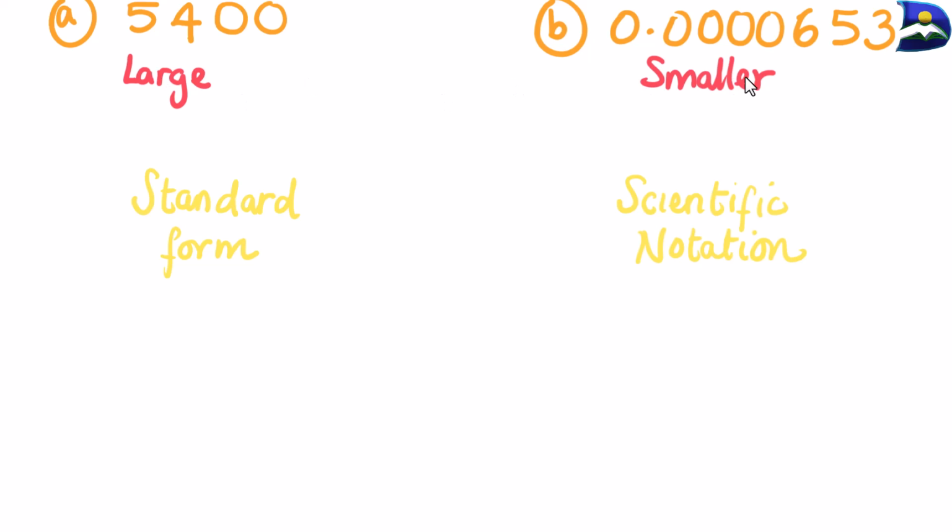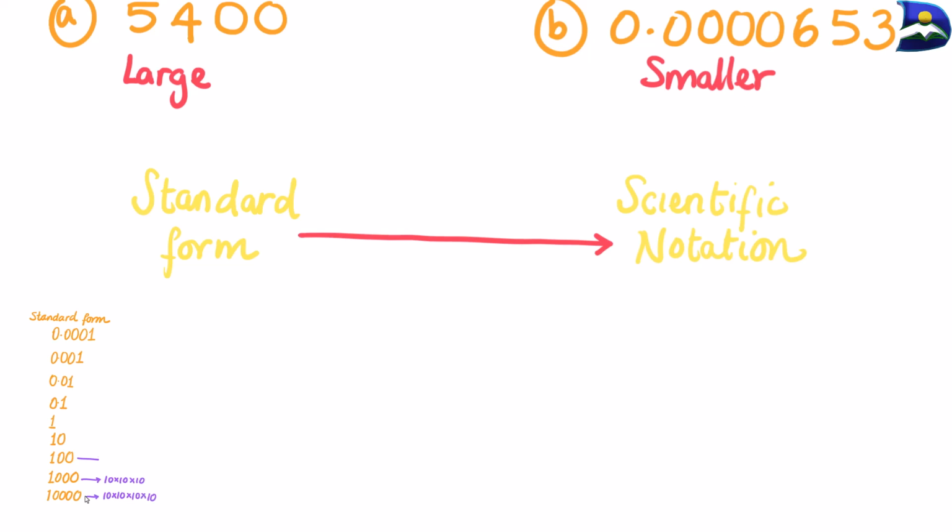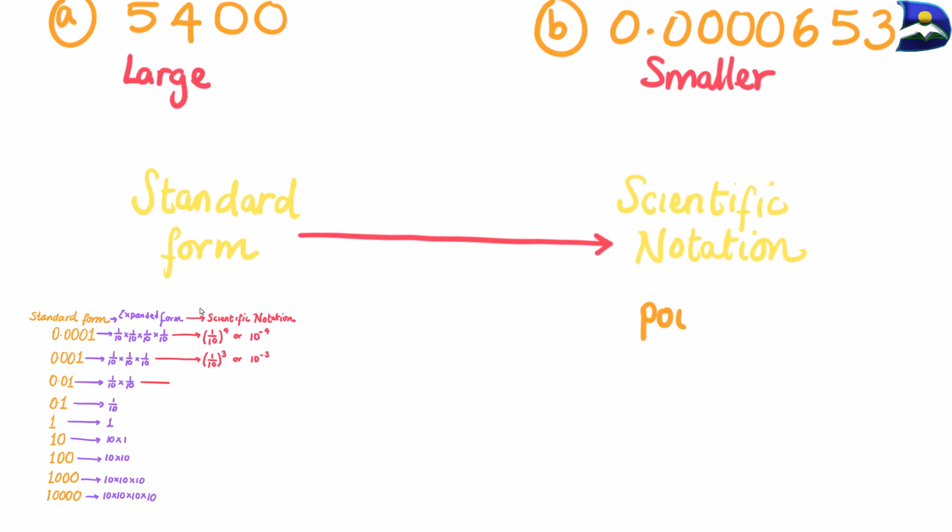And so once you're able to recognize these types of numbers in terms of scale, how large or small those numbers are, it's going to be difficult to show those on paper because paper is limited. And so to simplify those forms, what we do is transform from our standard form to scientific notation, where we'll be using one instrumental power, which is powers of 10.